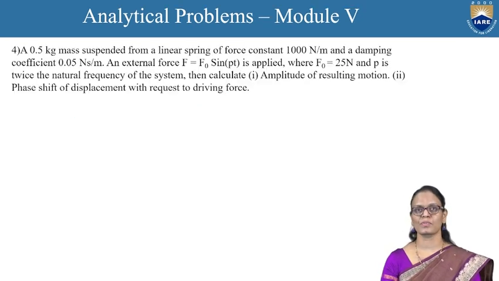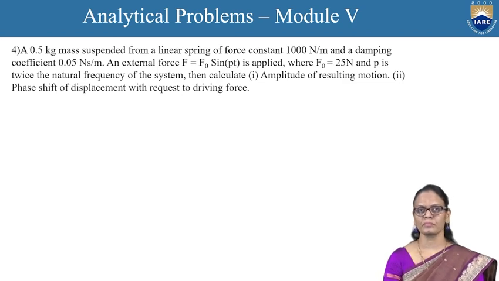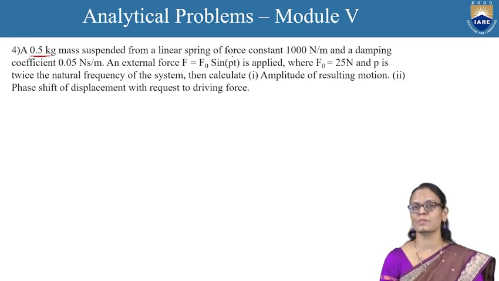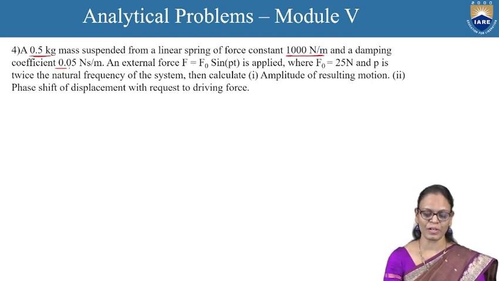Now coming to the next one, the fourth one. A 0.5 kg mass is suspended from a linear spring of force constant 1000 Newton per meter and a damping coefficient 0.05 Newton second per meter.